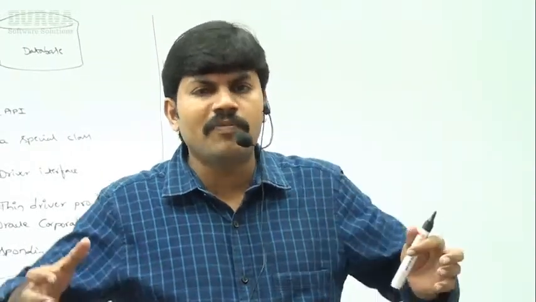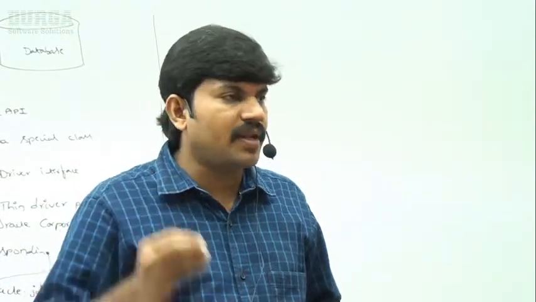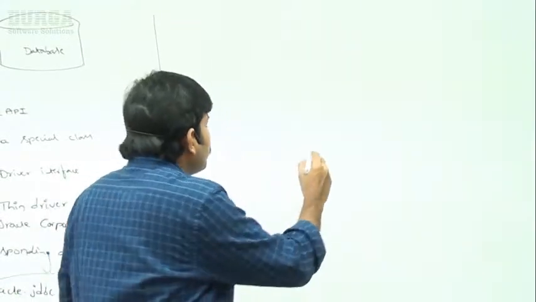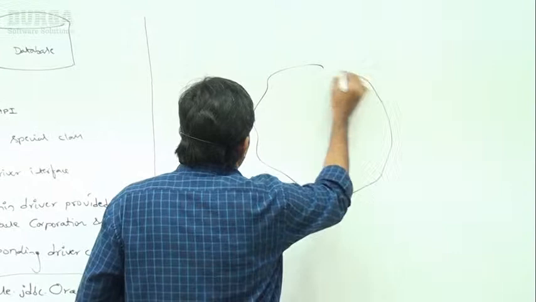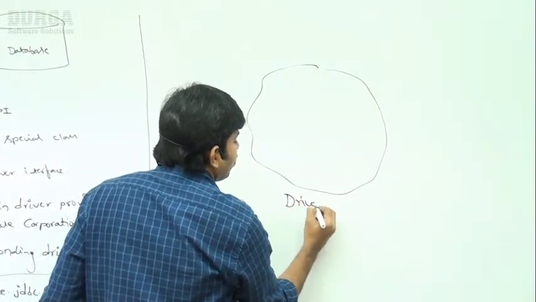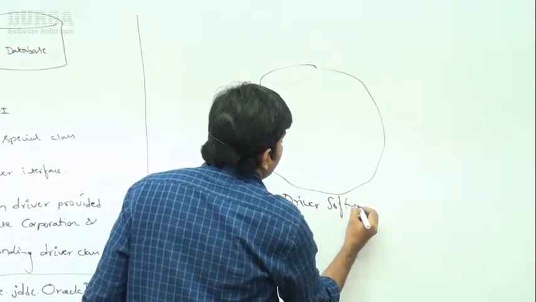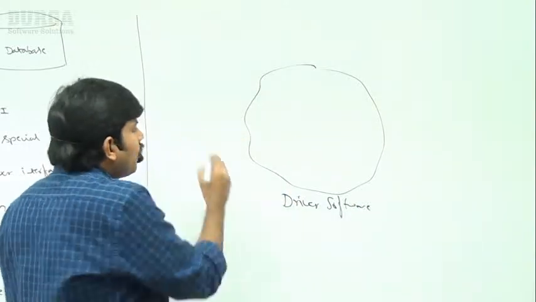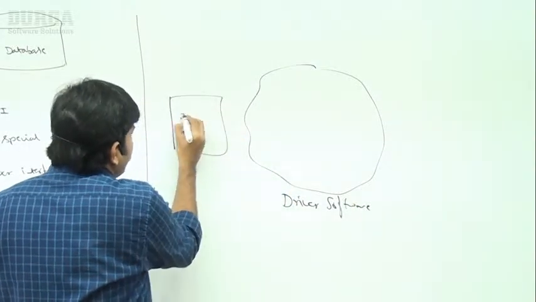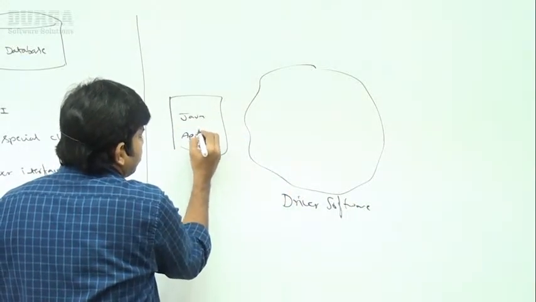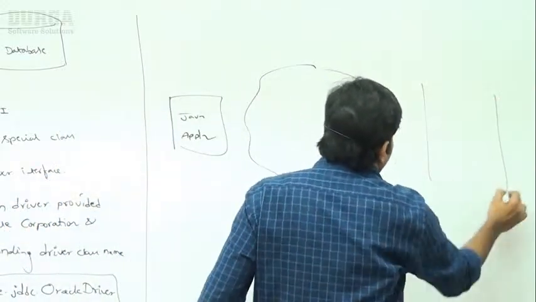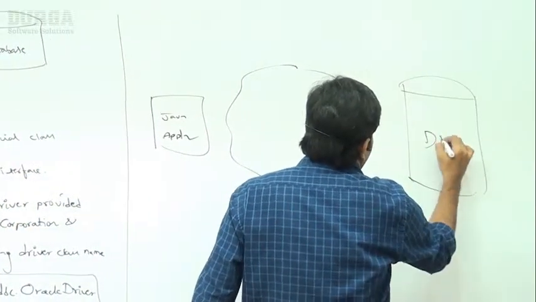Up to this we covered what driver software is. Driver software is a collection of implementation classes of JDBC API, a group of classes, right? Assume this is the Java application and this is the database.